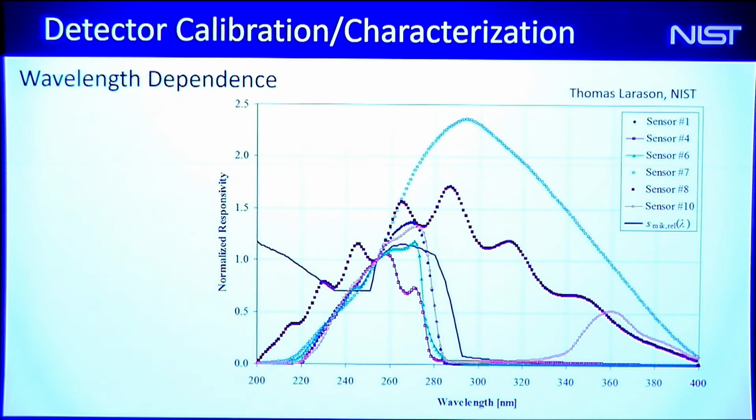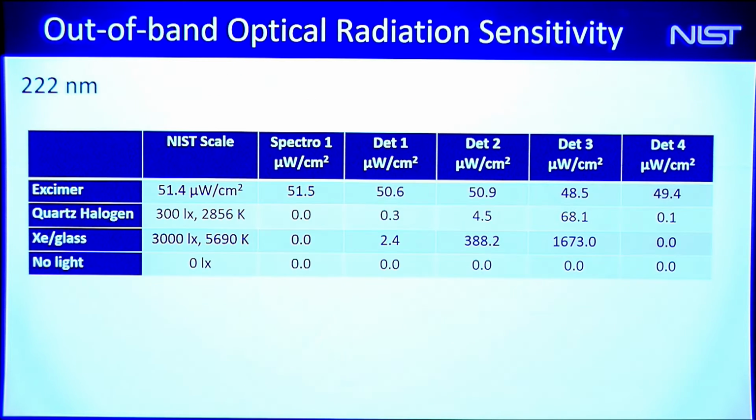And there are multiple devices that have multiple spectral responsivities. This comes up in knowing what device you need for your application. This is some of the variety of sensors that a colleague of mine, Tom Larson, has measured. When we look at 222, some devices are better than others. Now we're getting into some of the spectroradiometers. I put what the NIST scale is.